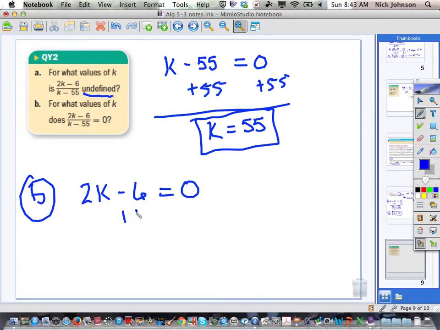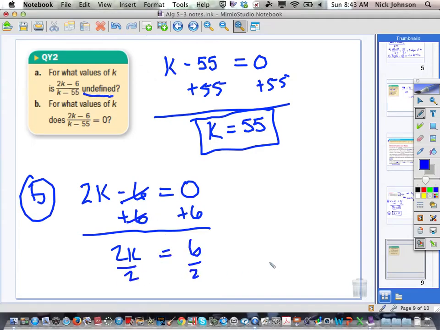The inverse of subtracting 6, adding 6. 2k equals 6, divided by 2, and k is going to equal 3. Okay? So when k is 3, that numerator is 0, therefore the whole thing is going to equal 0.